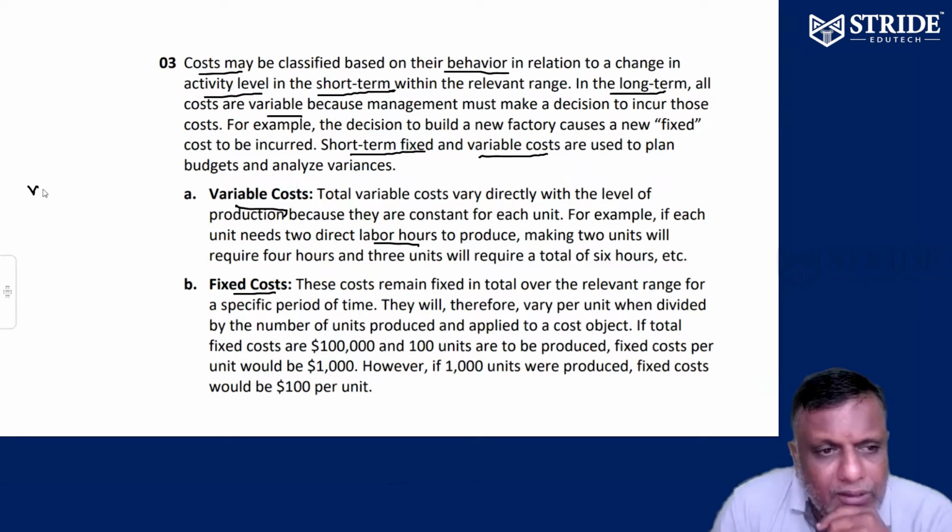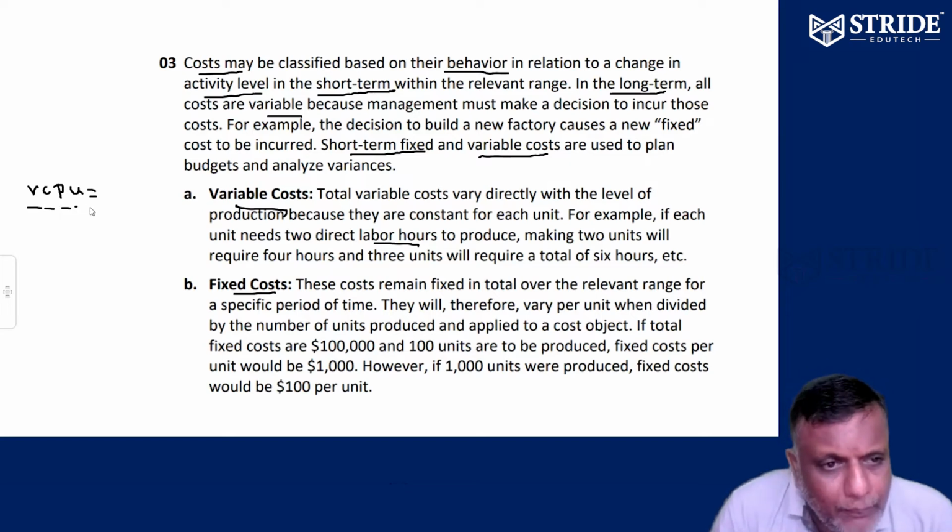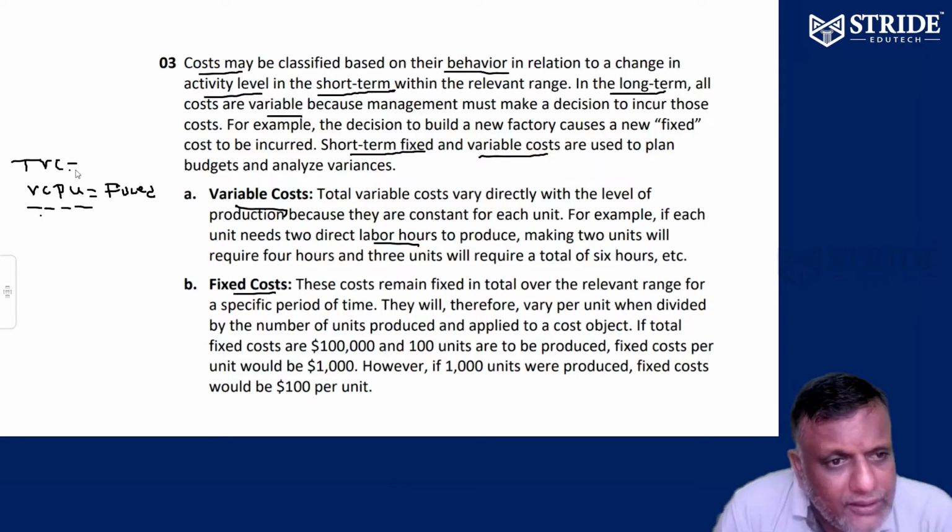So variable cost per unit is fixed. Total variable cost is variable. For example, one mouse variable cost is going to be $100. 10 mouses, 10 into $100, that is equal to $1,000.